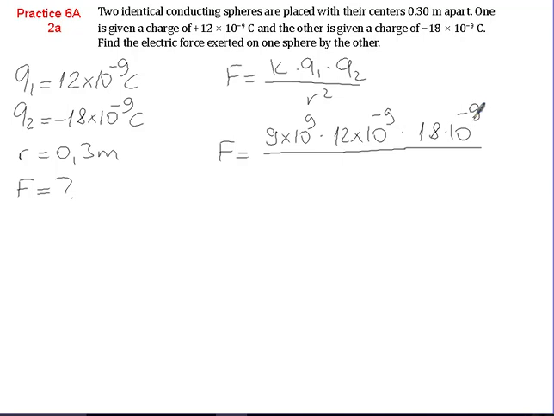We don't use their signs during the calculation because here we calculate the magnitude of the electric force, over the square of the distance 0.3. Then F is equal to, use your calculators and you will see that the force between them will be 2.16 × 10 to the power of minus 5 Newton.